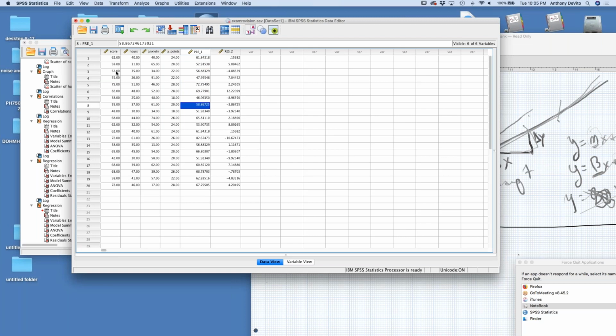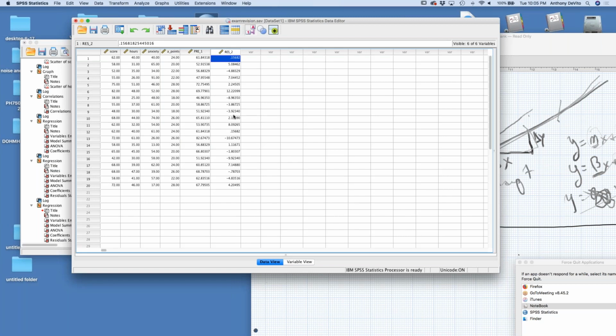And if I look back here, I can see how well I managed to predict this. This person, we said 62, and we came really close on that person. This person, we said 72, but he got a score of 82. So that was a much bigger difference. In fact, the next column is the difference between the predicted value from our formula and what the person actually got.